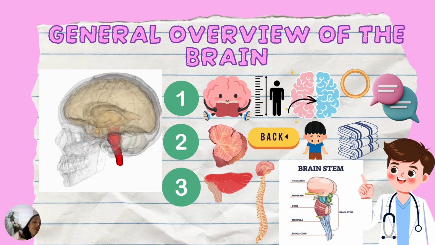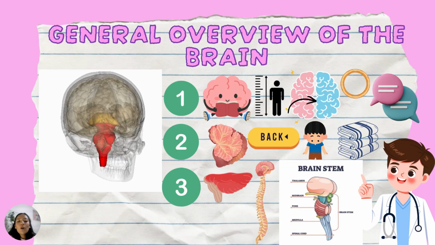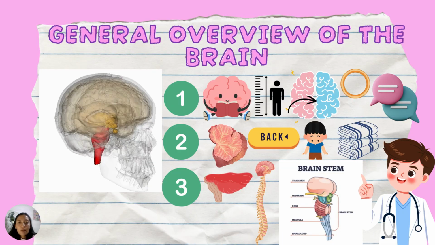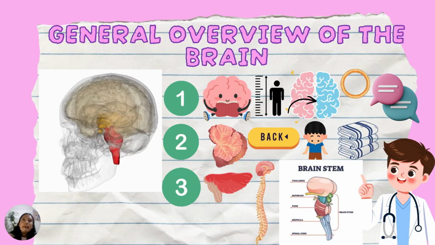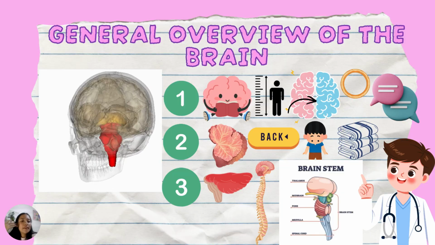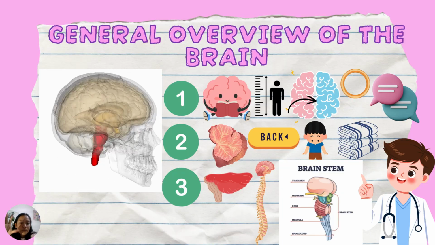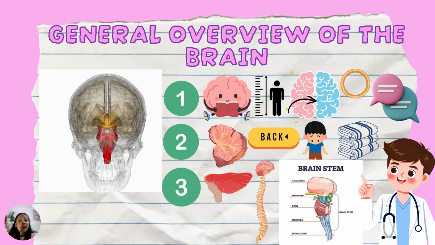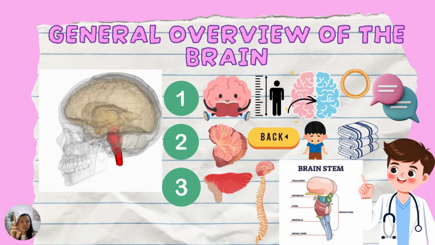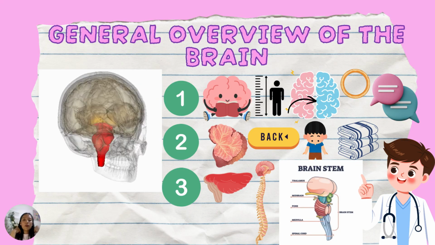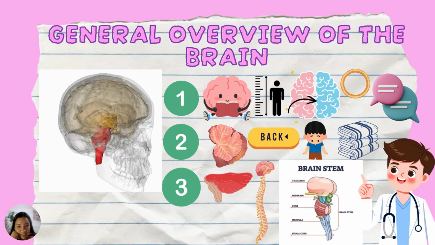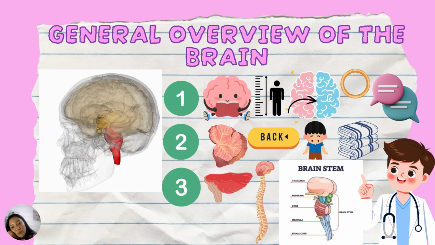What is the difference between the cerebellum and also the brainstem? So the cerebrum is the largest part of the brain, and it consists of two hemispheres, that is the left and the right part.